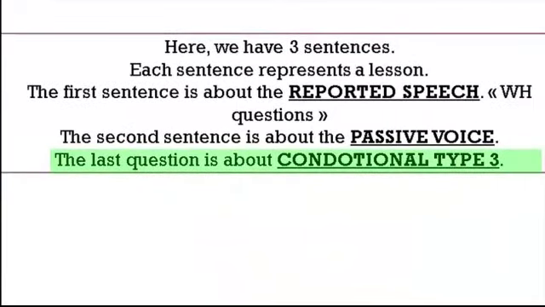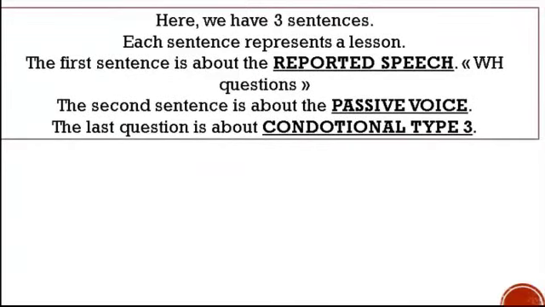It's about conditional type 3. And we did so many exercises about that. Here they give you the first part of the sentence, and you have to finish the rule, and you'll get the full point. Of course, sometimes they give you the half, sometimes they give you the whole sentence to do. So it depends. In both cases, I think you are well prepared for that.